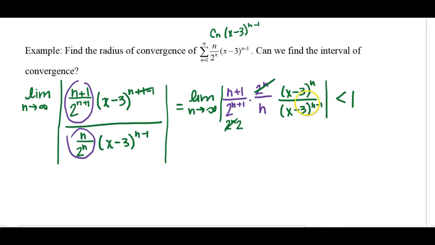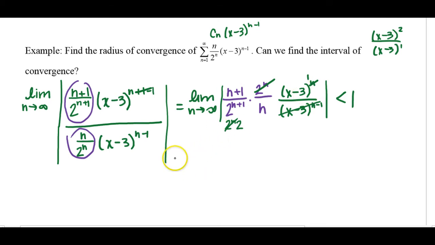So in other words, there's one less copy of x minus 3 on the bottom. Let me try to justify that. If I had, let's say, x minus 3 squared over x minus 3, so there are 2 copies of x minus 3 on the top and 1 copy on the bottom, the only thing left is 1 copy on the top. So this whole thing cancels, and this n cancels and becomes a 1.